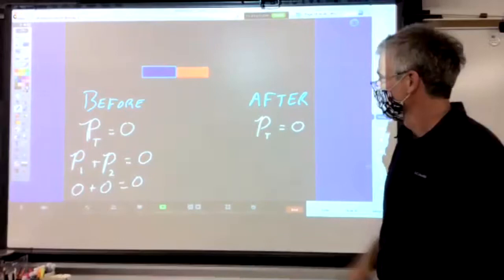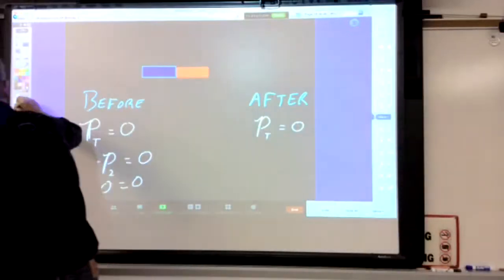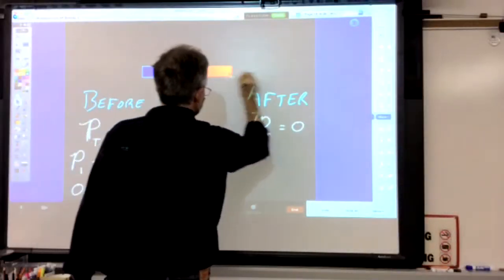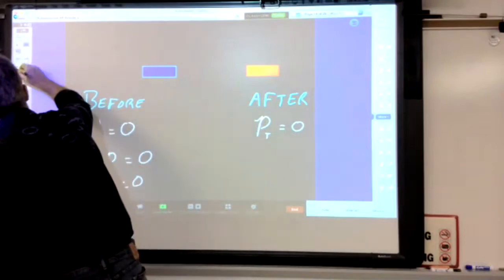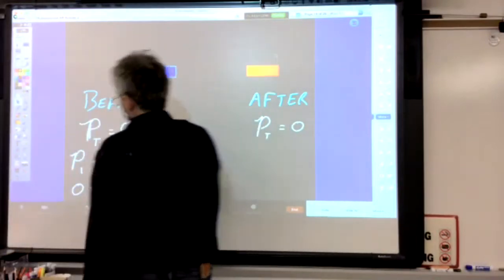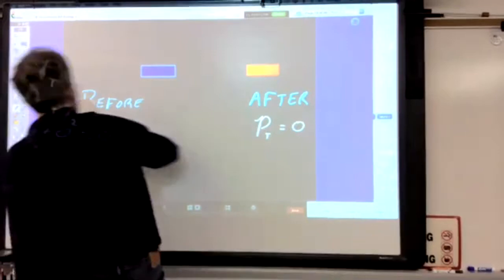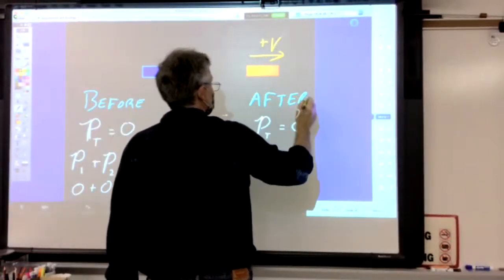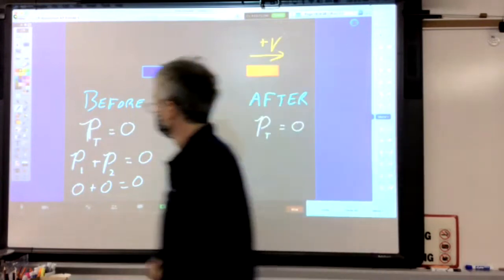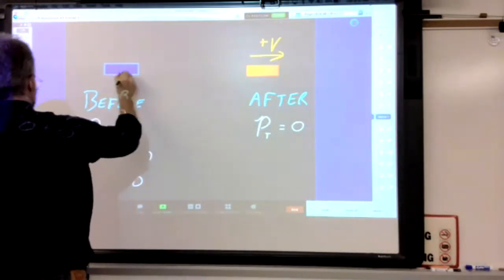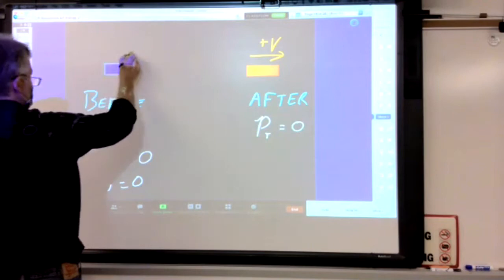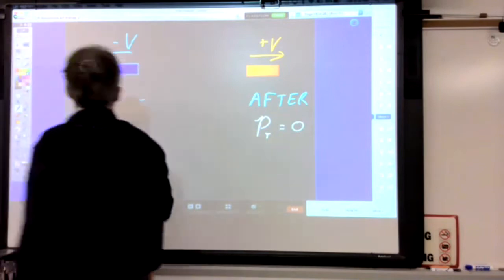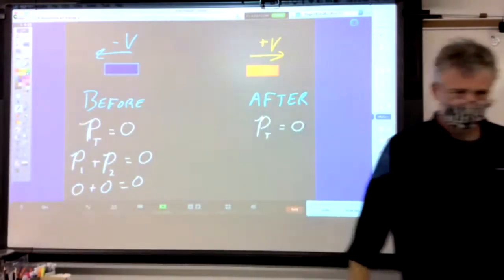Okay. But after, once the explosion happens, the red cart is moving to the right. We'll just say the red cart is moving to the right, and it has a positive velocity. Blue cart is moving to the left, and the blue cart has a negative velocity.